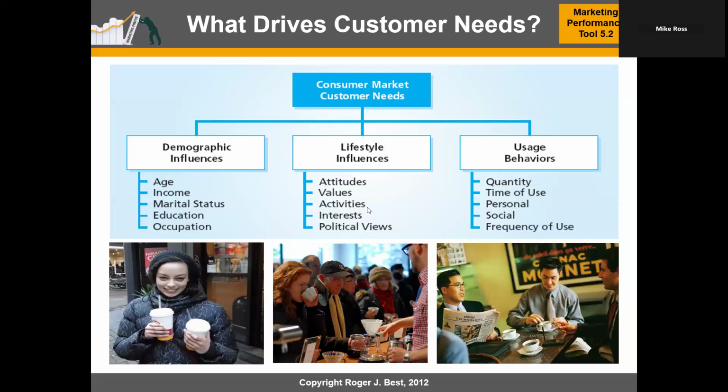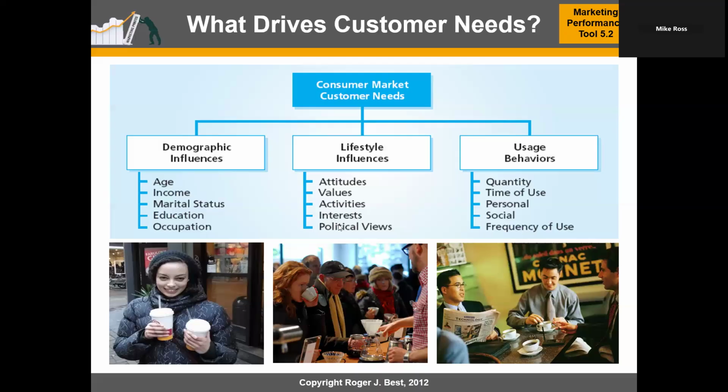And so that might be more of an outdoor active lifestyle as opposed to someone who lives in downtown Chicago or New York City, where their activities are much less outdoor. Maybe it's going to Broadway shows and shopping in the city and going to really cool different restaurants, taking in art exhibits at the museum and so on.